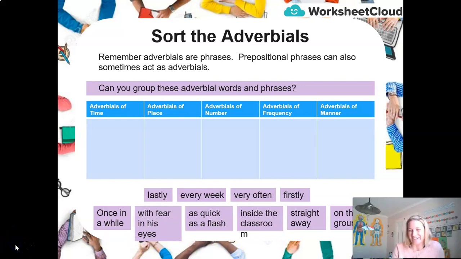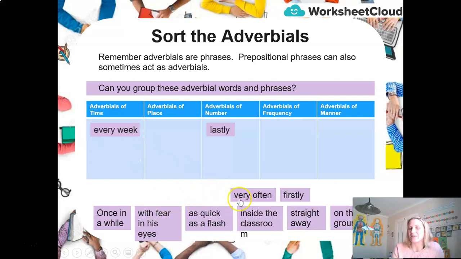Right, let's see how you got on. Lastly, it tells me in what order something occurred, therefore it is an adverb of number. Every week, okay, that tells me when something is occurring, it's an adverb of time. Very often, there you have an adverbial of frequency.